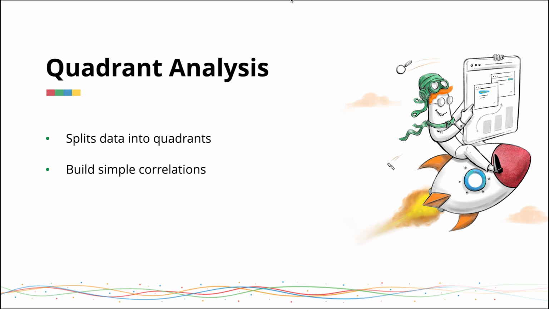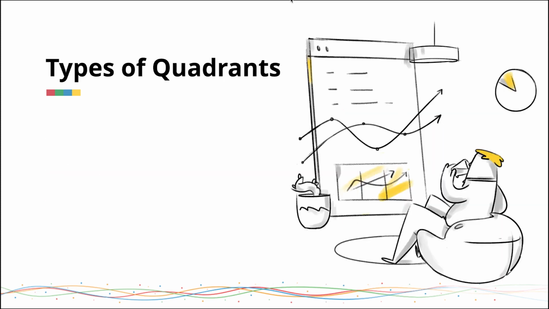For example, in the deal count versus associated revenue analysis, you get to know the correlation between revenue and number of deals closed for the individual sales rep. Quadrant analysis also helps you identify areas that need improvement and helps you to focus on them accordingly. Before we go ahead and configure a quadrant analysis, let us look at the types of quadrants.